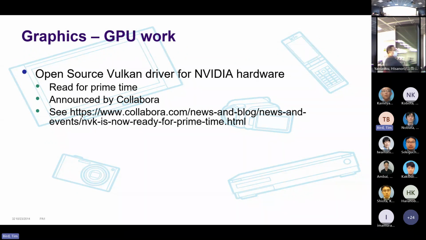There's been a lot of experimental development over the years, but this is suitable to be integrated with Mesa and other parts of the graphics stack. So if you're using an NVIDIA GPU, it's nice to finally have an open source driver for that. I don't know if it covers all NVIDIA chipsets or just specific ones, but you can look up the information there.